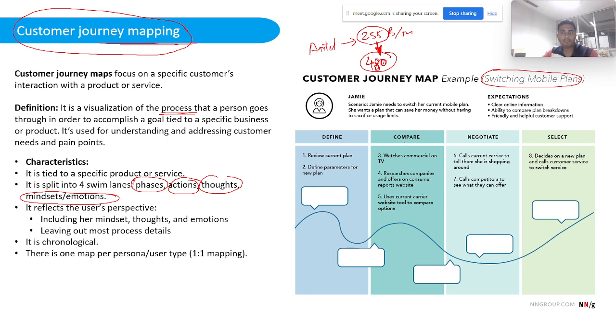So here, the activity of switching mobile plan involves four phases. This is not common to all sorts of activities, but for this particular switching mobile plan activity we come across this set of four phases.